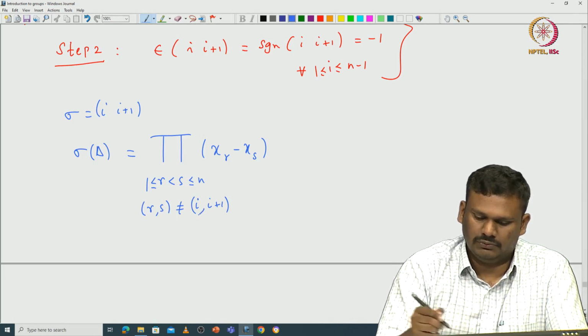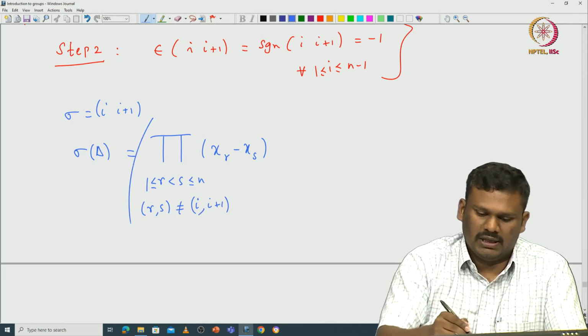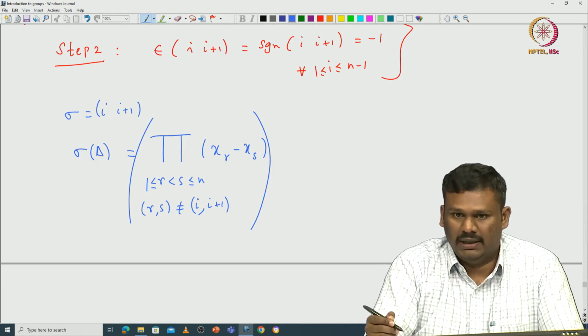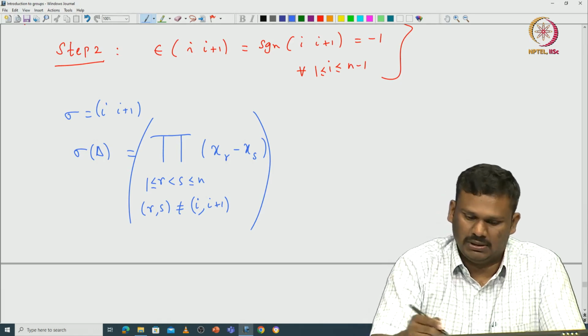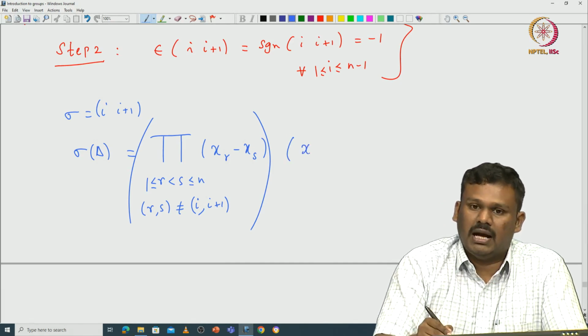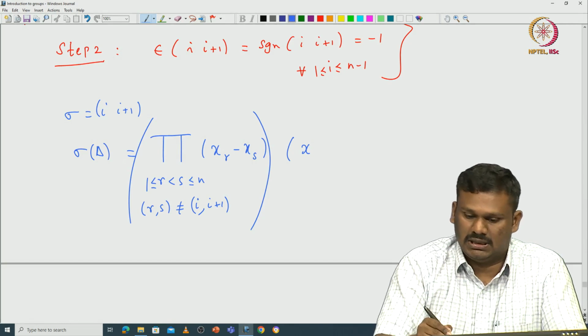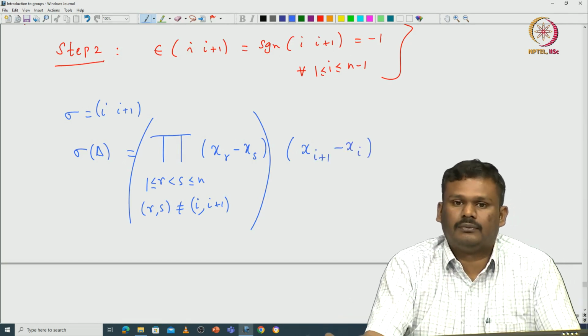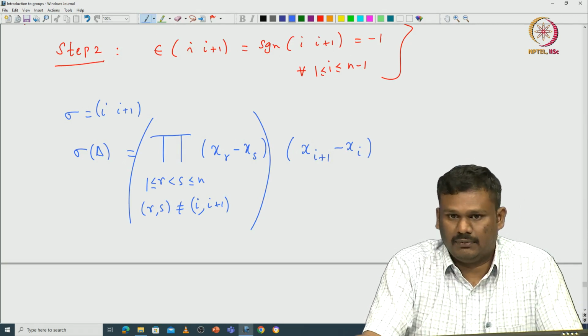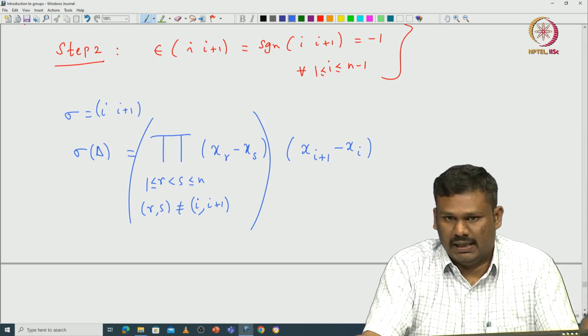All these products will stay as they are, because sigma only disturbs i and i plus 1. So it just interchanges those and gives x_{i+1} minus x_i. This is the only inversion that is possible. All other tuples stay as they are.